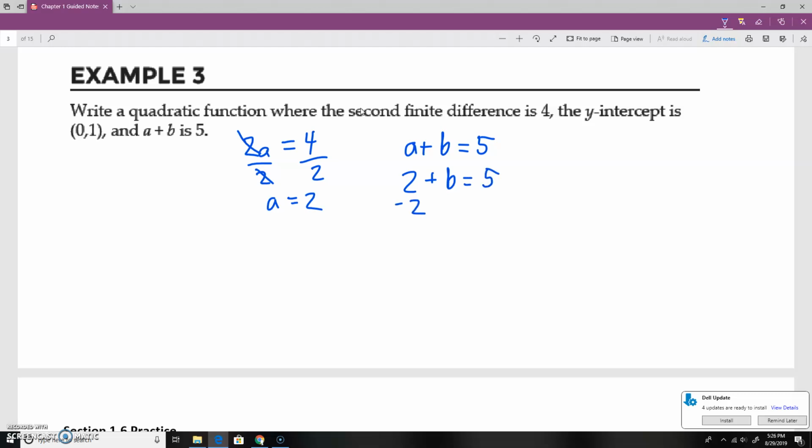If I subtract 2 from both sides, I get b equals 3. My c value is simply the y value when x equals 0, which is 1. So now if I plug this in, I have y equals a, which is 2, x squared, plus b, which is 3x, plus my c value of 1.